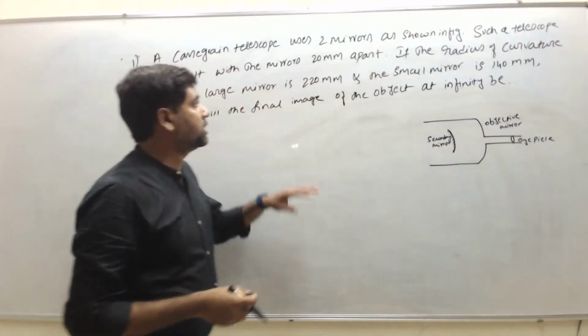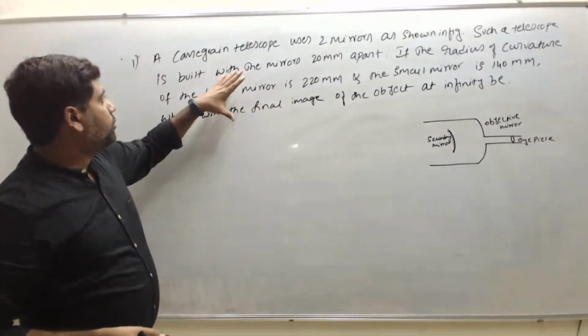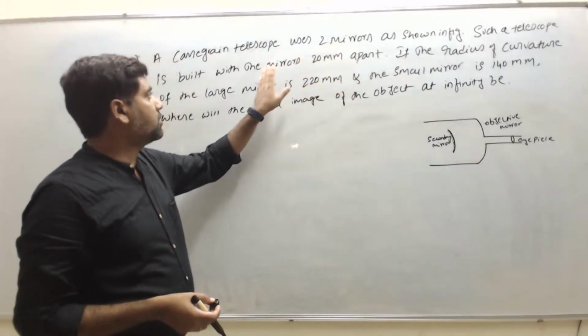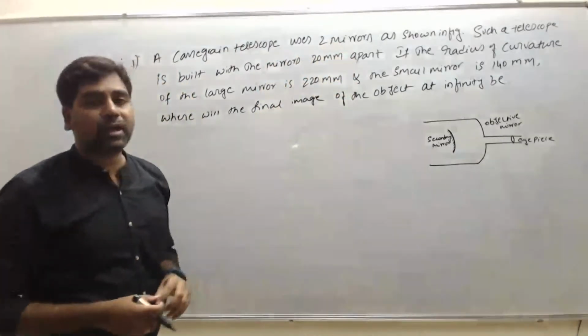In the question they mention the Cassegrain telescope uses two mirrors and they built in such a way that these mirrors are 20 millimeter apart.